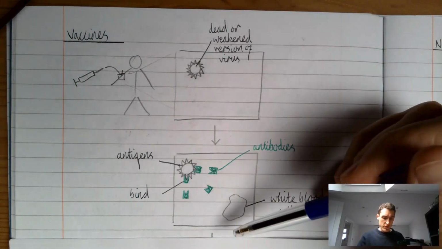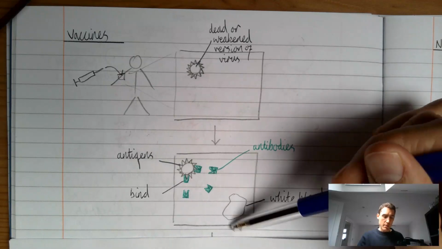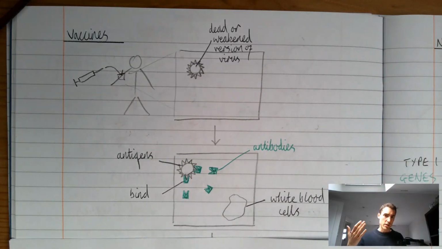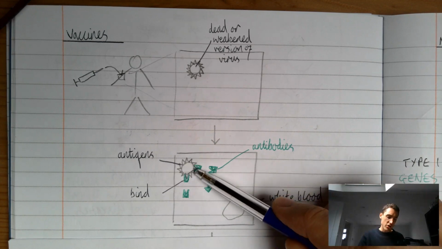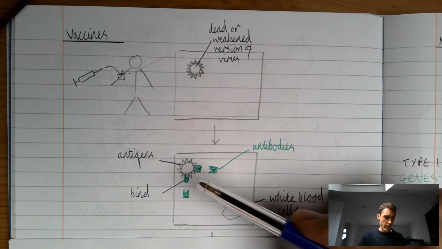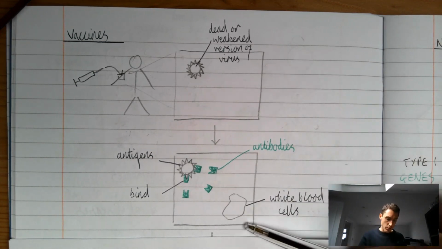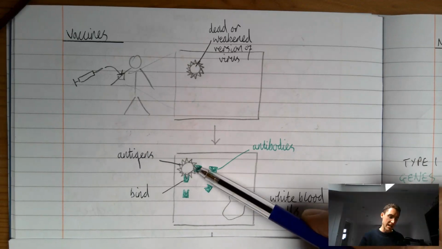So what I'm going to emphasize to students is, and I've probably recapped this before my explanation, what are the ways in which the immune system or white blood cells can respond? One is they can engulf it, one is they produce antitoxins, one is they produce antibodies. In this case, this is why the antigens in the dead or weakened version are so important, because it stimulates the white blood cells to produce antibodies which bind to the antigens.